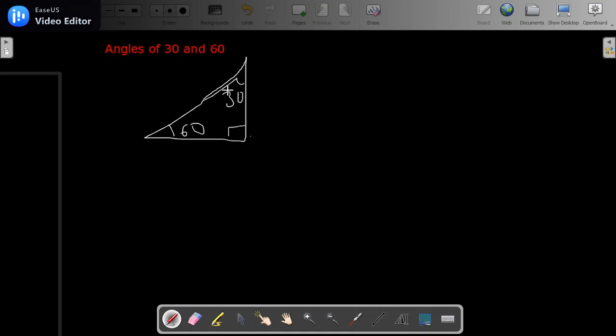We have root 3 here, so don't be concerned about it. It has been worked out, and we have 1 here. Now we have 2 angles, 60 and 30.